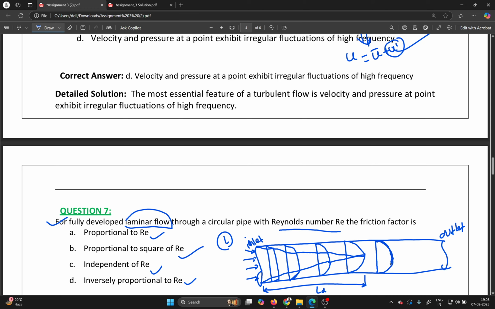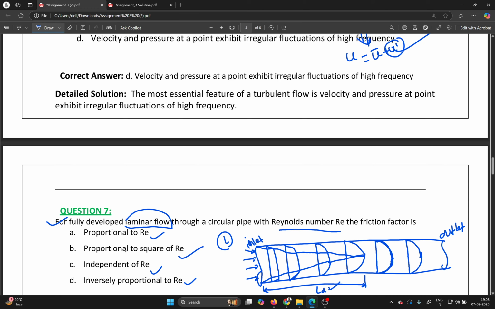The diagram is not correct, so just remember, at every section your velocity will have a parabolic variation. Similarly, in case of turbulent. So you please need to go through the textbooks. What is the length of this in case of laminar, LD? How is it related to your flow velocity and other parameters? And in case of turbulent also you need to know.